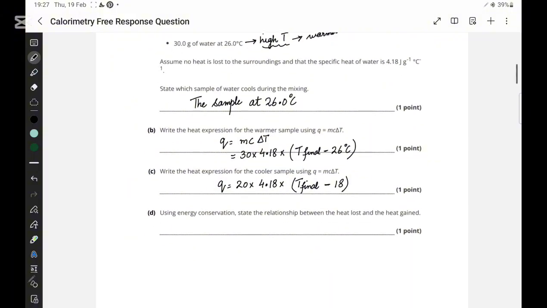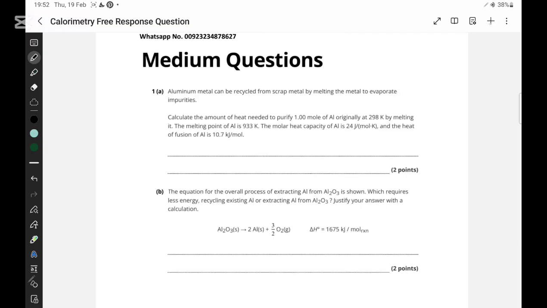So we can write Q hot is equal to negative of Q cold. When the minus comes to that side, it becomes Q hot plus Q cold, which is equal to 0.